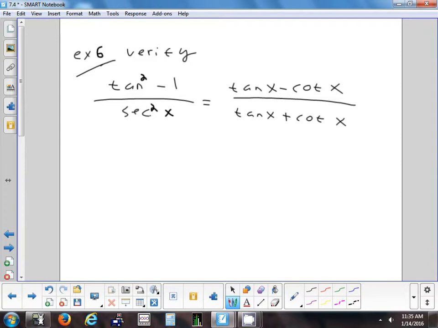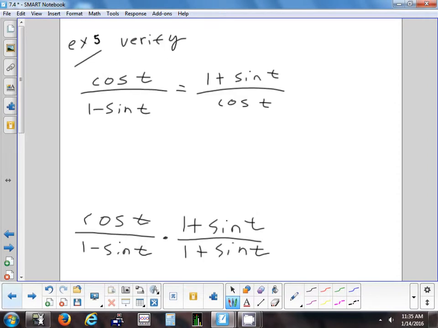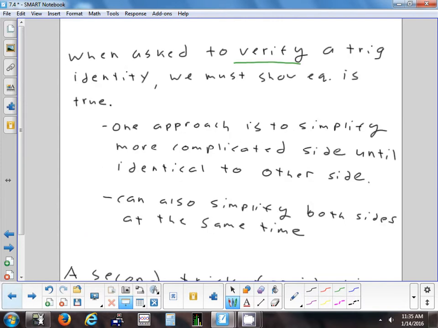Which side do you want to start with? The left or the right? The right? Yeah, sure. Okay, let's start with the right. Our goal here is to somehow get tangent squared minus 1 in the top, secant squared in the bottom. I want to go back to my original identities and see if tangent squared minus 1 is anything special.